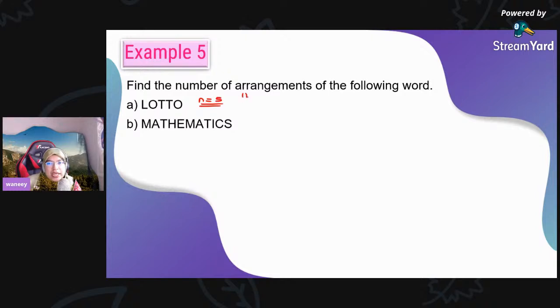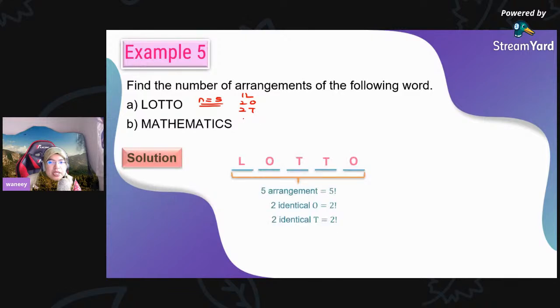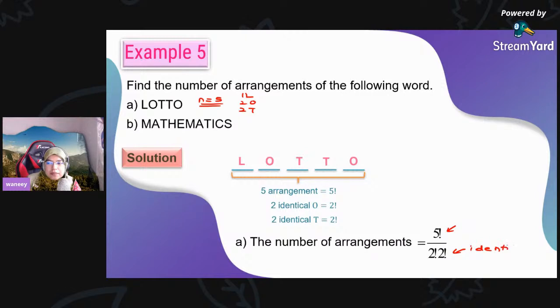I only have one L. Then I have two O, and two T. So I do have something identical, which is the O and the T. So the number of arrangements is 5 factorial over 2 factorial, 2 factorial. 5 factorial is all of them arranged, over the factorials of the things that are identical.